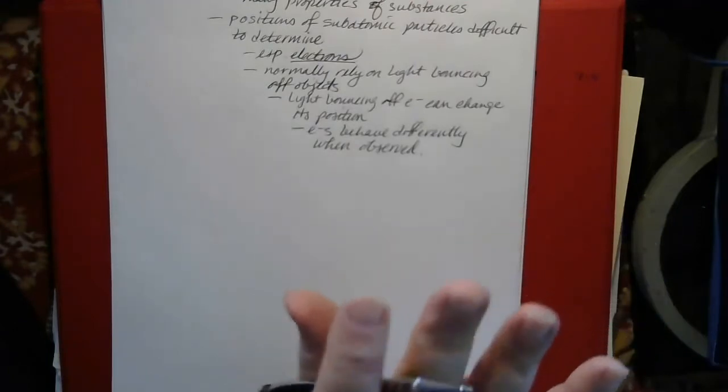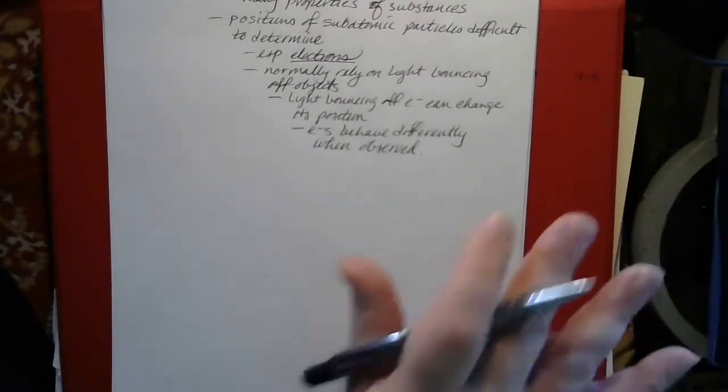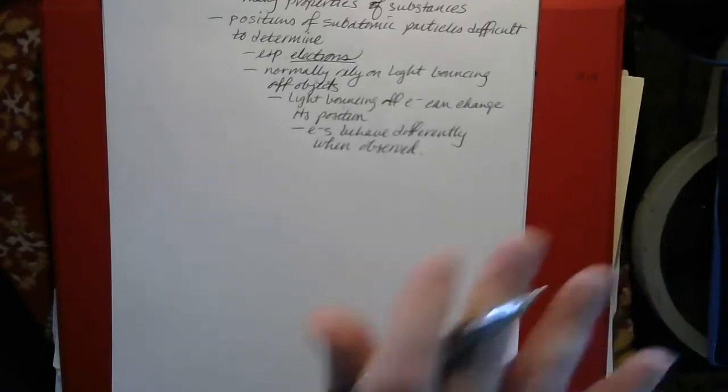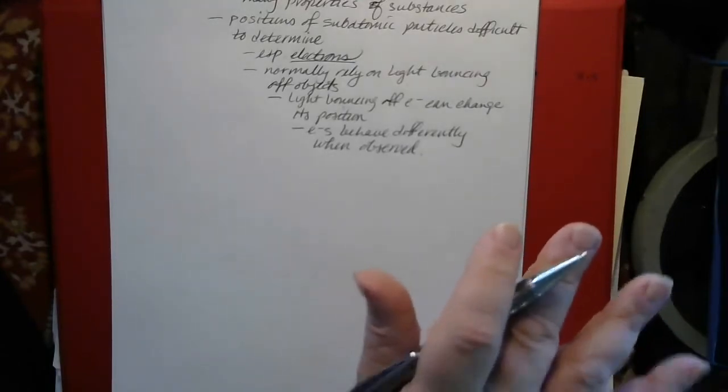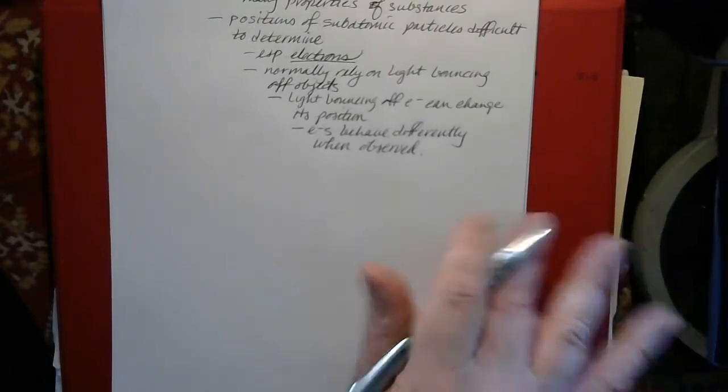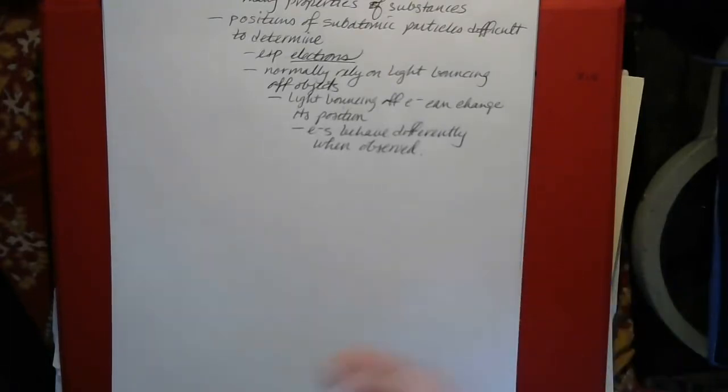With something as tiny as an electron, though, photons bouncing off that electron can change its position significantly compared to where it would be without the light bouncing off it. And that makes it very difficult to observe things on such a small level.